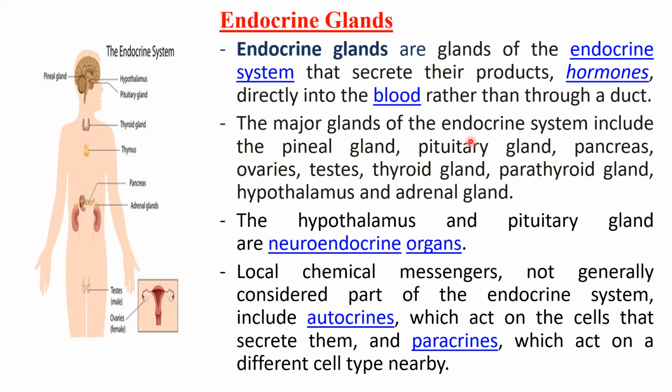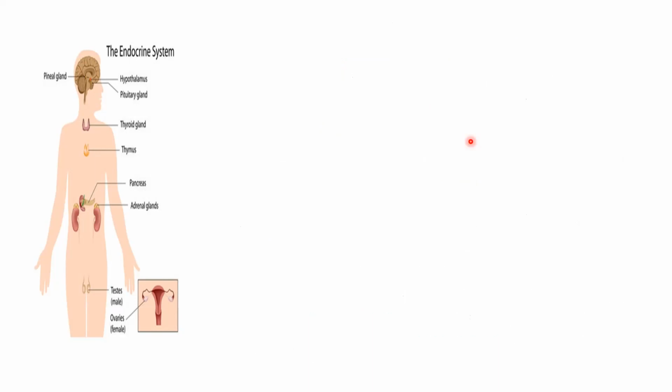As I told you, the endocrine glands are responsible for the secretion of hormones, and the hormones are nothing but chemical messengers. Besides these hormones, there are certain chemical messengers in the form of autocrines and paracrines, but they are not hormones, and they function at a local or cellular level as chemical messengers.